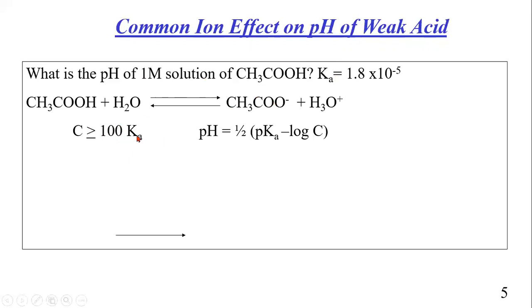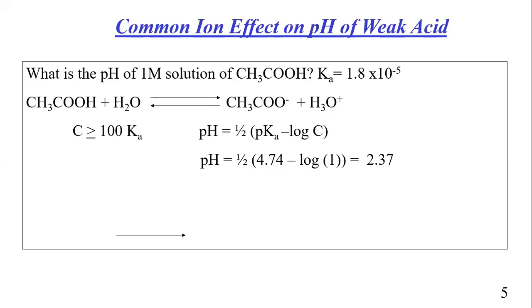Which equation do you use? You use pH equals half pKa minus half log C, or, take the half out. Log of C is 1 minus log of that number, add the pKa, divide everything by a half, gives you the pH. Okay, so my pH is 2.37, and all of you should get this in quick.